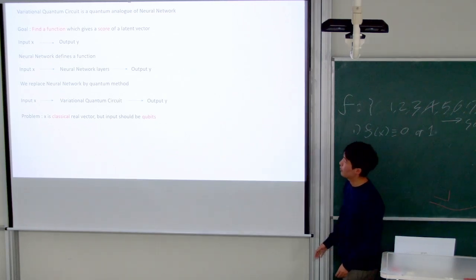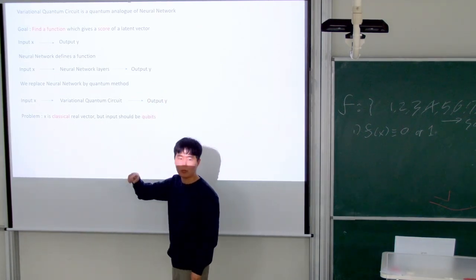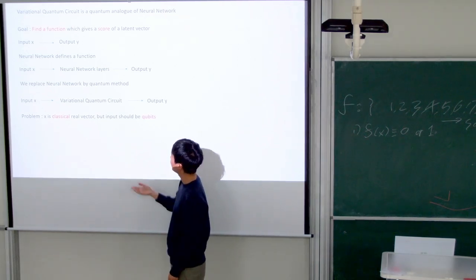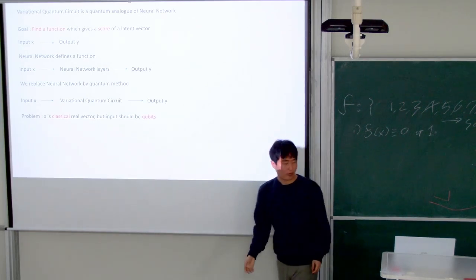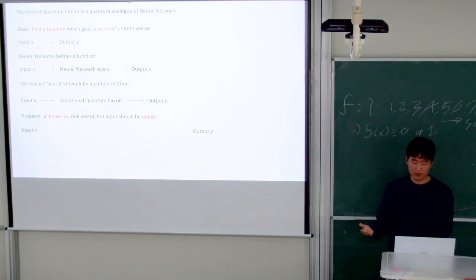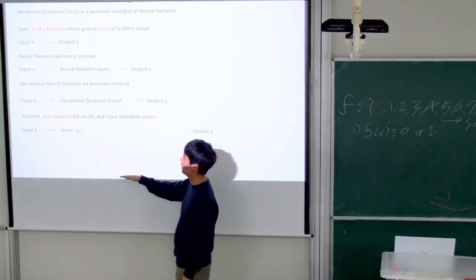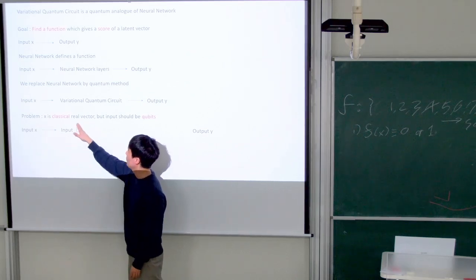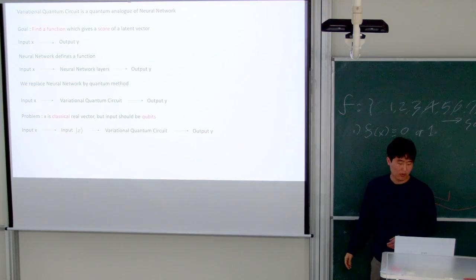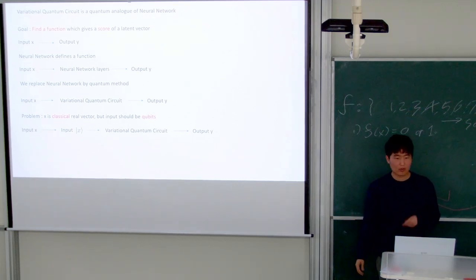However, there is a serious problem. I said the input is a 16-dimensional vector. It's not a qubit. So how can we put it here? In order to solve this, we first transform the vector to a quantum state, and then we perform the quantum circuit.